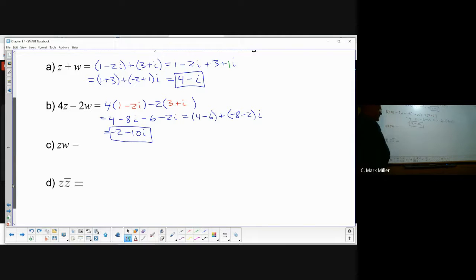Z is 1 minus 2i, w is 3 plus i. FOIL. 1 times 3 is 3. 1 times i is i.